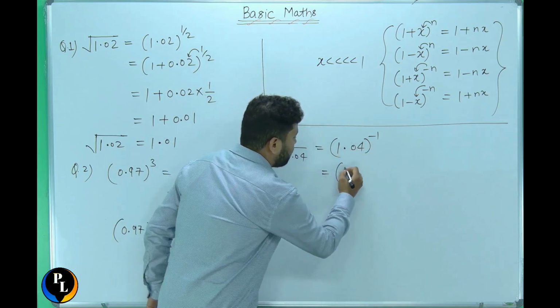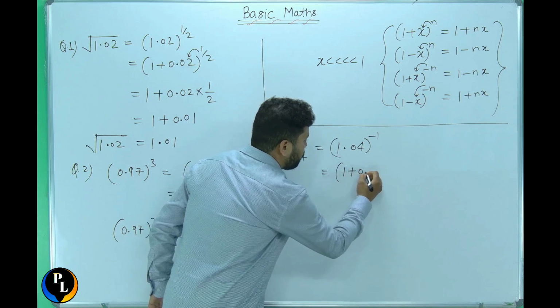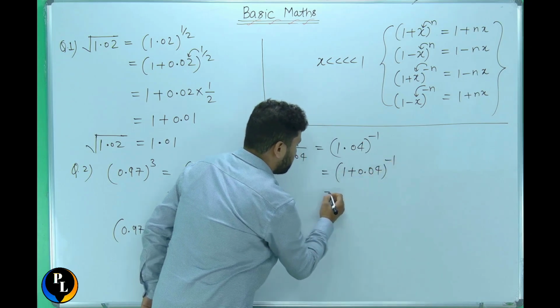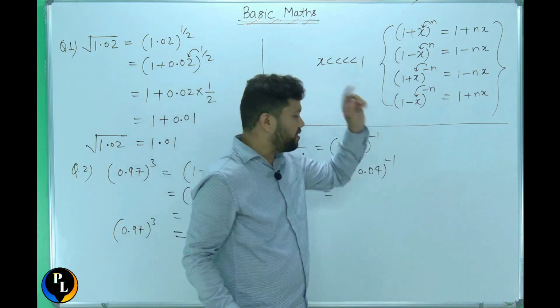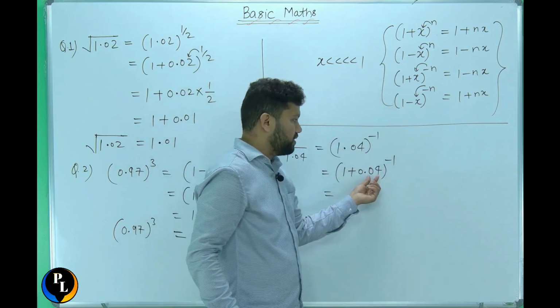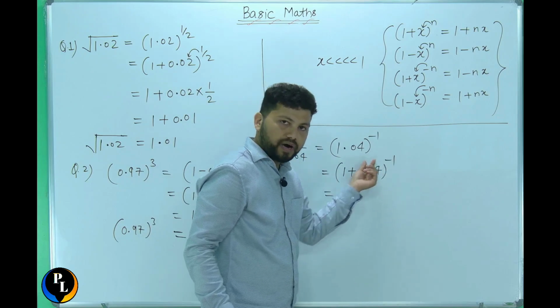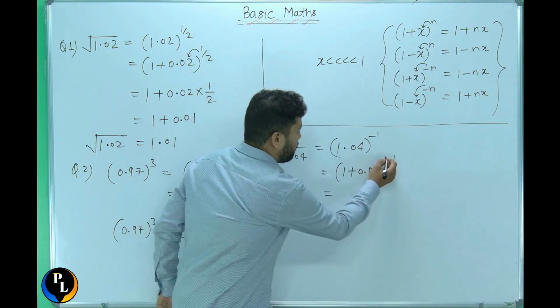So we can write (1 plus 0.04) power minus 1. Now again the same story: (1 plus x) power n, and this x is again very small. So now we can multiply the power into x.